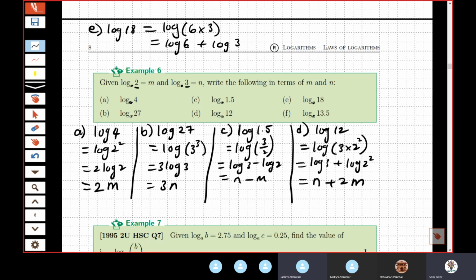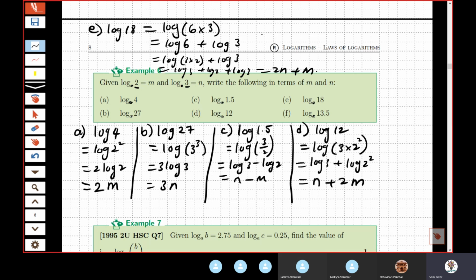The log 6, you've got to break up even more, because 6 is not the best choice. So log 6 is 3 times 2. You get how I'm saying it's got to be these numbers? And then log 3 plus log 2 plus log 3. Log 3 plus log 3 is n plus n, which is 2n, plus m.